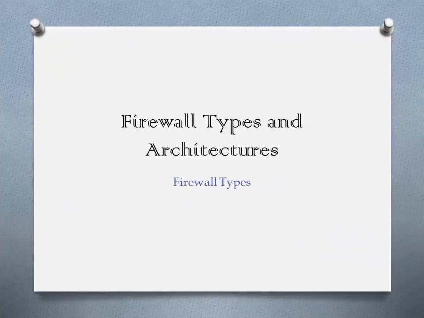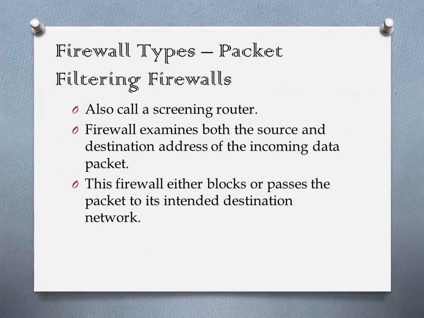Firewall types and architectures. Here we'll be looking at the different firewall types. The first type of firewall we'll be looking at is the packet filtering firewall. This type of firewall examines both the source and destination address of the incoming data packet.